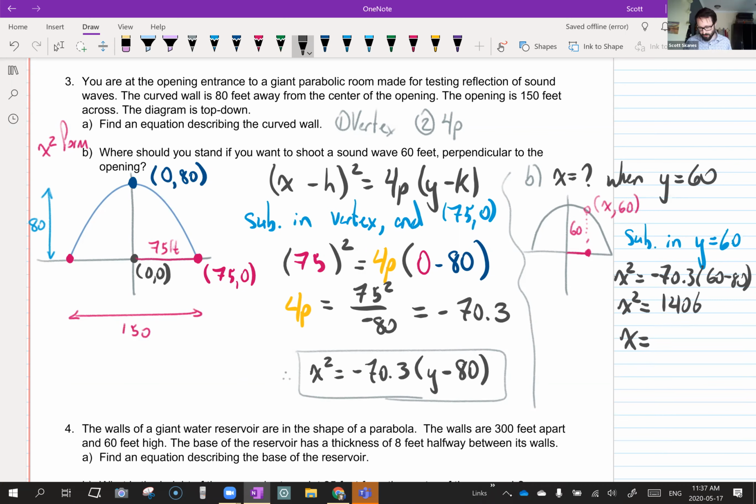Square root both sides, 37.5 meters is your final answer. Okay, so where should you stand if you want to shoot a sound wave 60 feet perpendicular to the opening? You should stand 37.5 meters away from where you started.